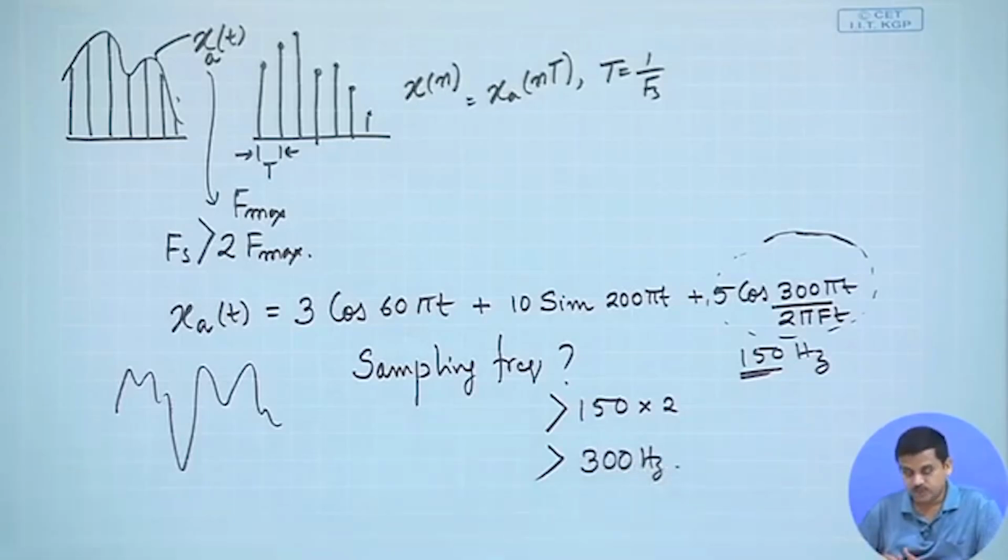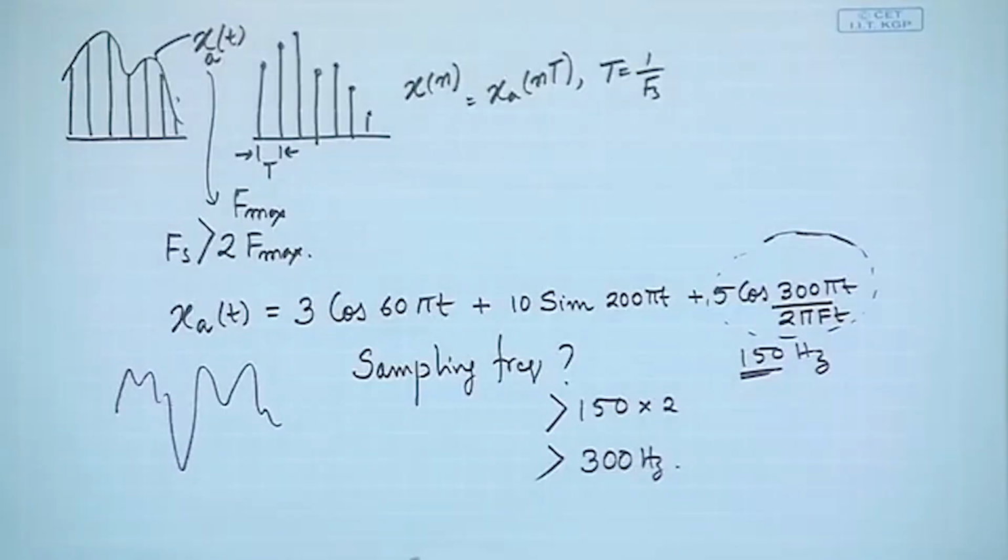So, it does not put a restriction on the sampling frequency on the upper side. It says that the minimum value should be more than 300. As a result, you can choose numbers which are some 100 above, for example a sampling frequency of 350 or 400, maybe 350 or 320 could be good enough.